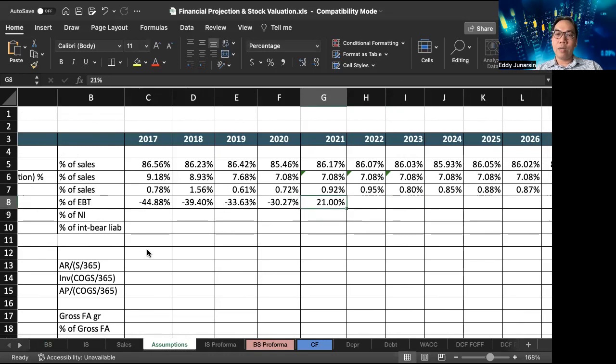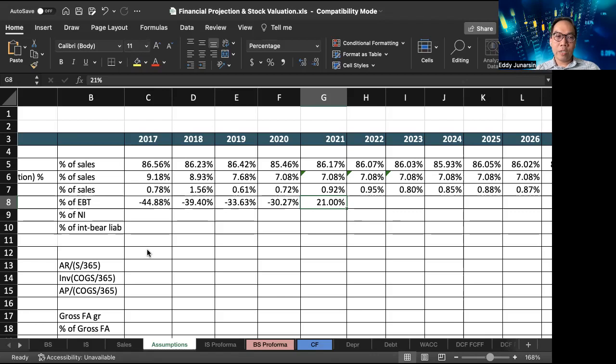But if you're not sure and you believe that the marginal tax rate could be higher, shown by the last 4 years, then you could use, for example, 30.27%.